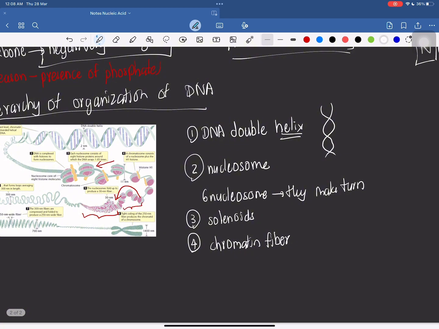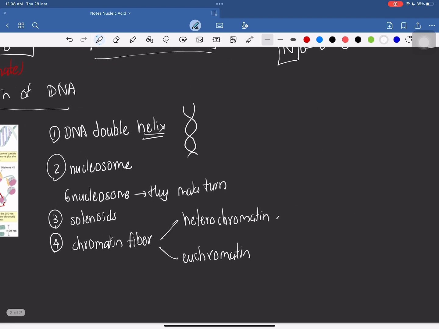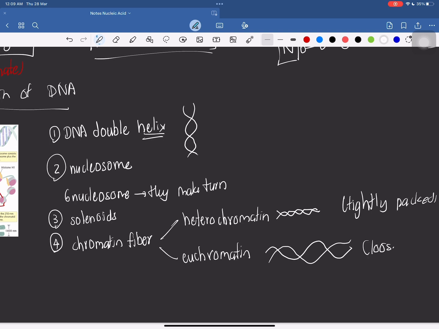In this state, chromatin has two kinds, heterochromatin and euchromatin. Heterochromatin means that they are tightly packed DNA double helix. And euchromatin means that they are loosely packed. And this is loosely packed.